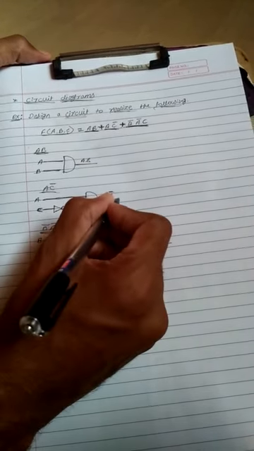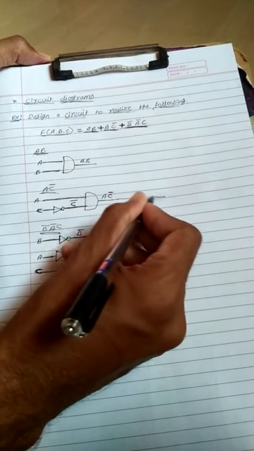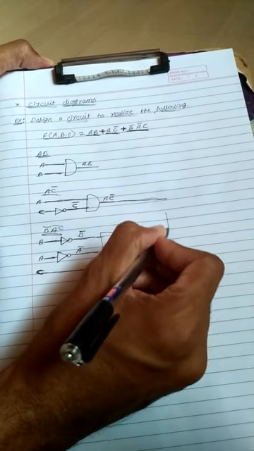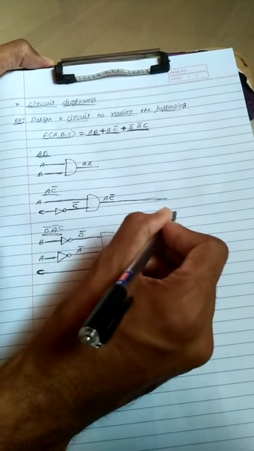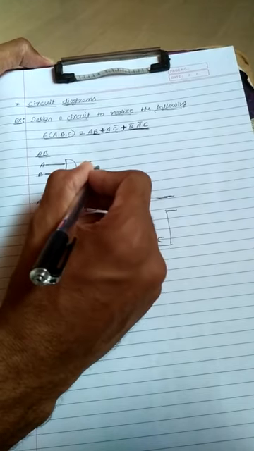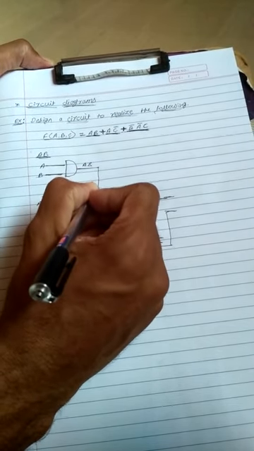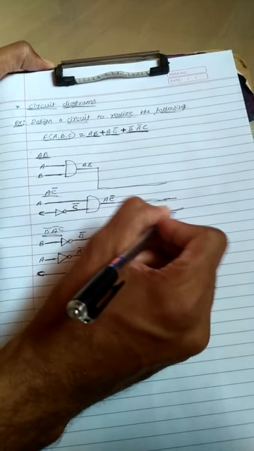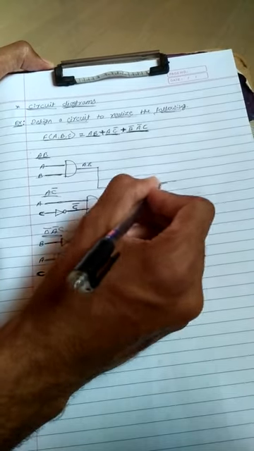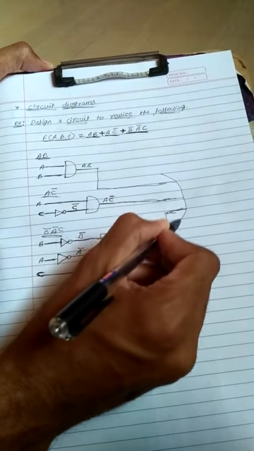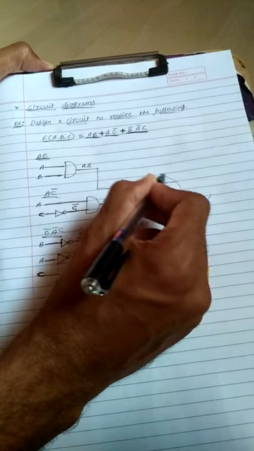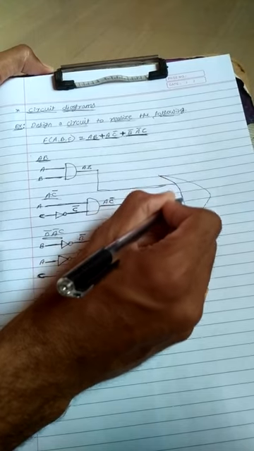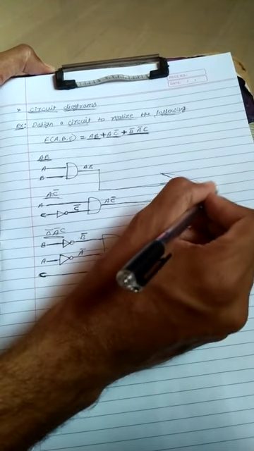So that's why you have to join all the three gates. OR gate is there, so you have to write like this. Okay, you have to curve this one like this.